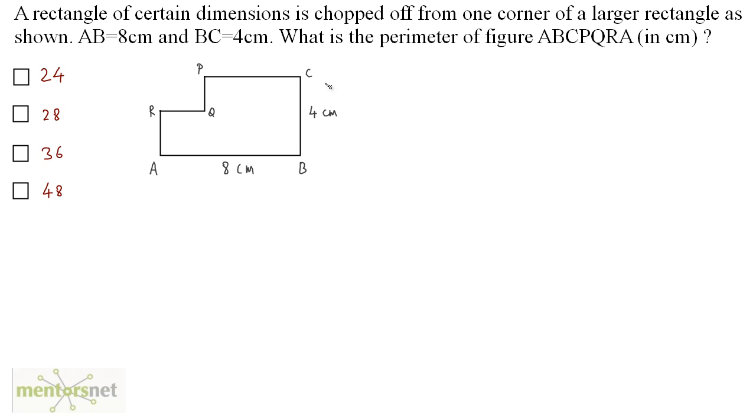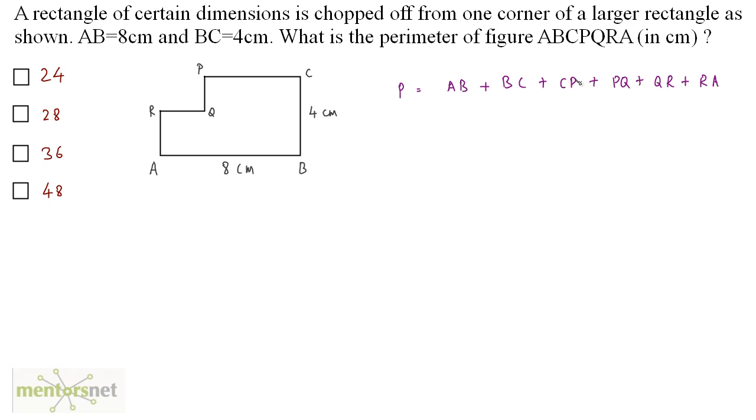Well, the perimeter of this figure will be the addition of the lengths of all the sides. So I can write it as P is equals to AB plus BC plus CP plus PQ plus QR plus RA, last side. Okay, now CP plus QR will be equal to AB, isn't it?